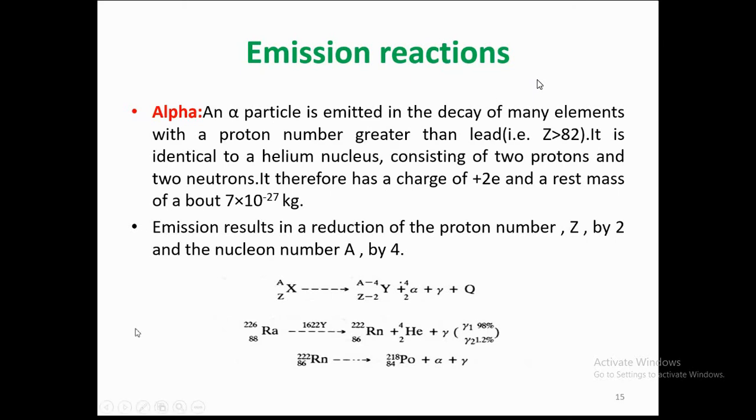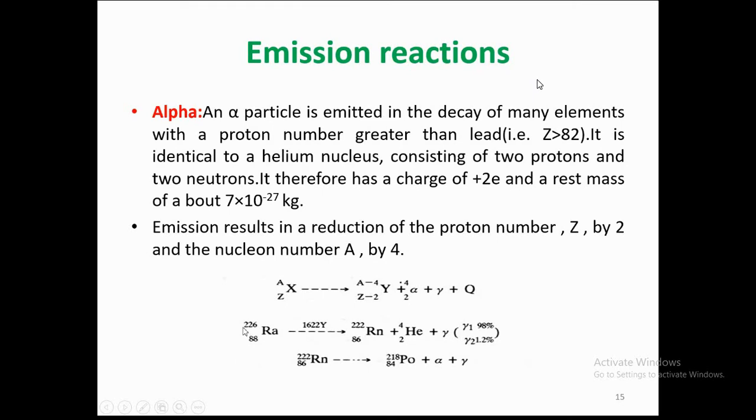As you can see, radium is the mother radionuclide here, and the atomic number of radium is 88, but the atomic number of radon is about 86. And as you can see, the proton number in the daughter is 2 units less than the atomic number in the mother radionuclide.